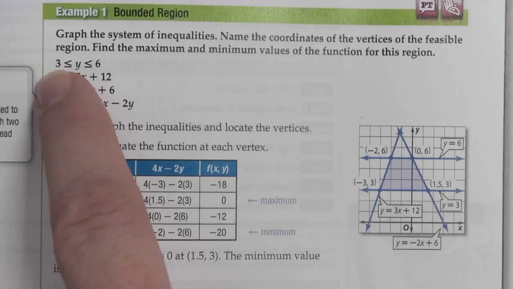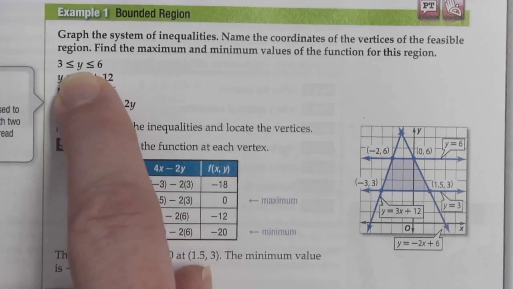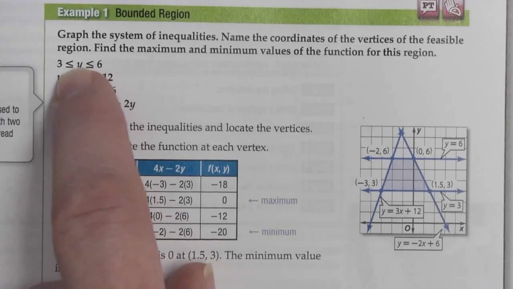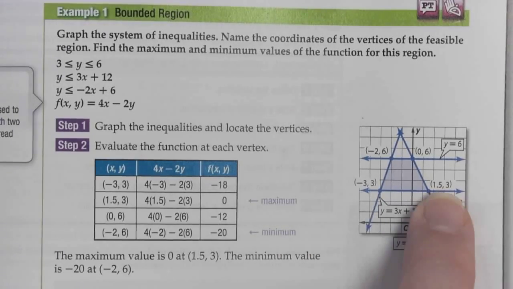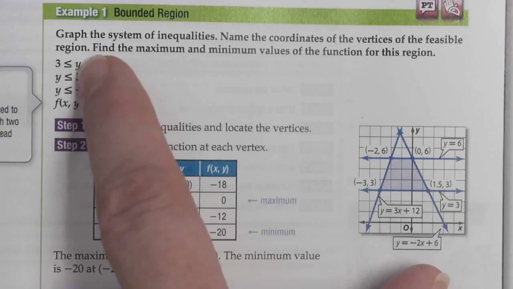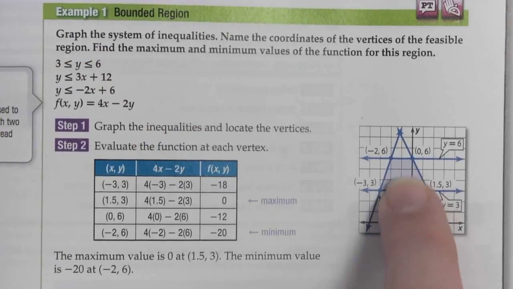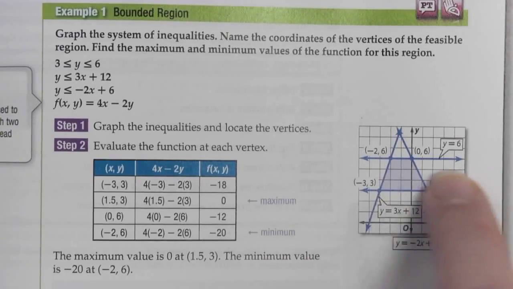This one is 3 is less than or equal to y, which if we read it with the y first, is y is greater than or equal to 3. Do you see that? Here's your 3 right here, and it would be shaded upward because y is greater than the 3. So the region would be shaded in the middle of these two parallel lines.